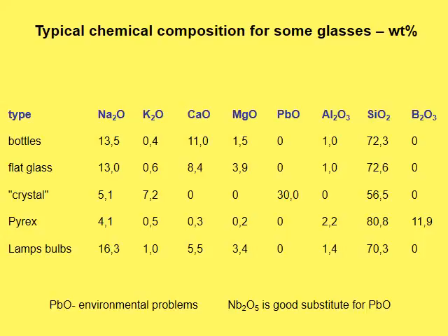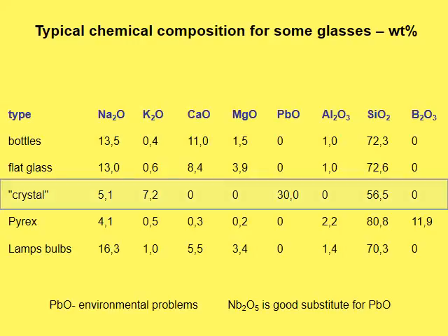Just to start to talk about some optical properties, take a look at the chemical composition of what we call crystal, as we have already mentioned. This name brings some confusion to the field, but a crystal glass is not crystalline. It is a glass, amorphous. Its name comes from the brilliance that is due to the high refractive index.